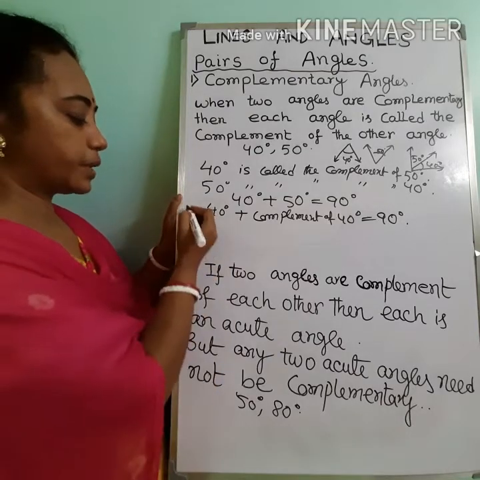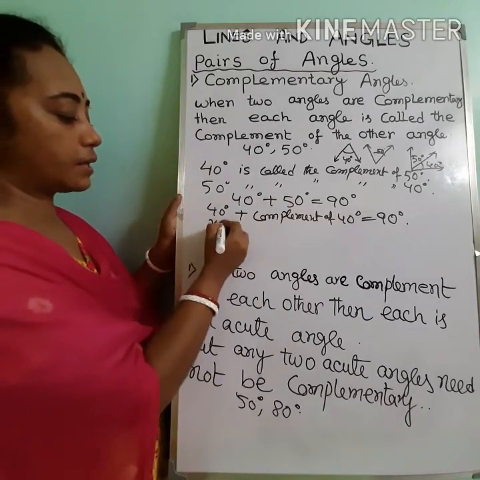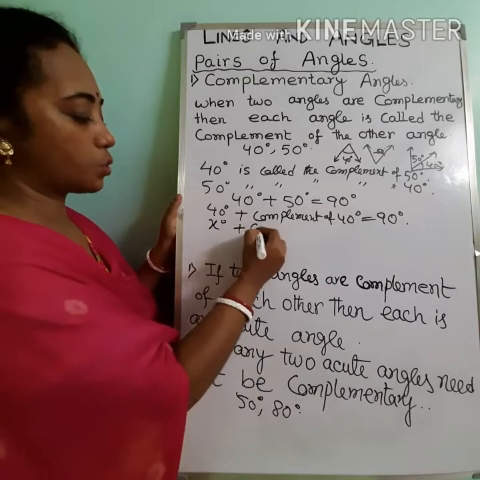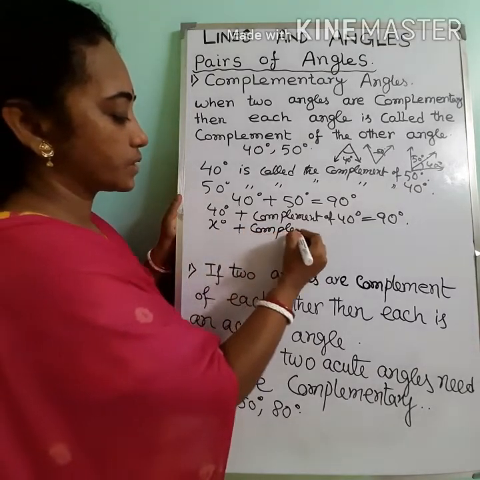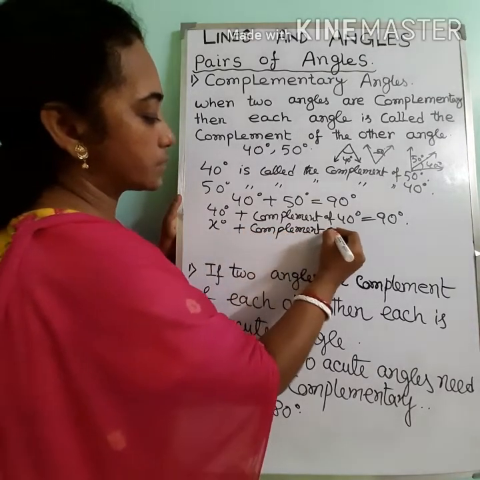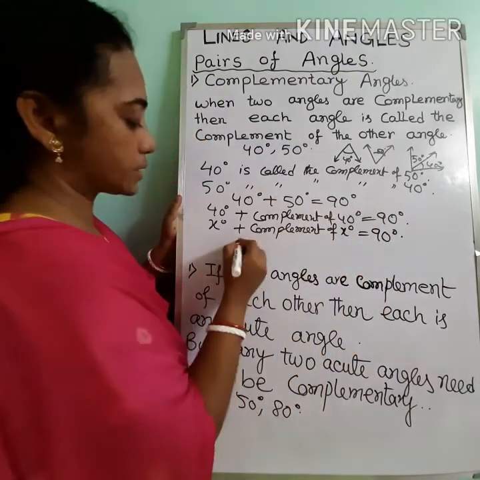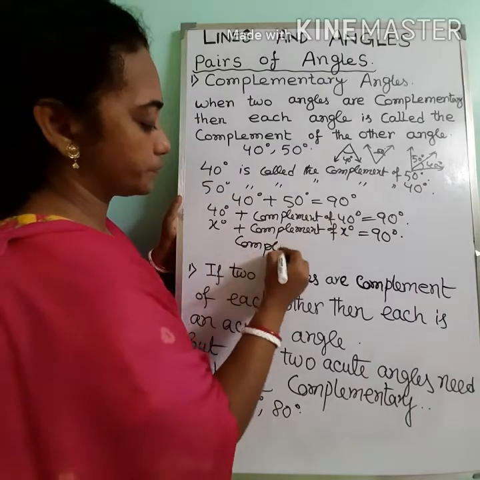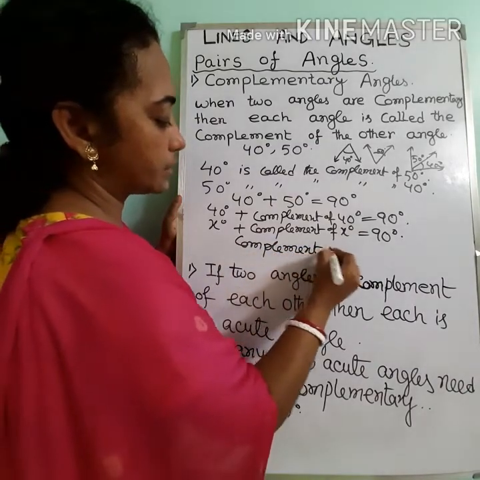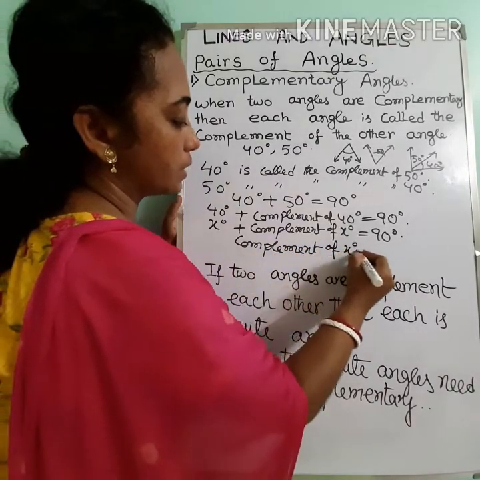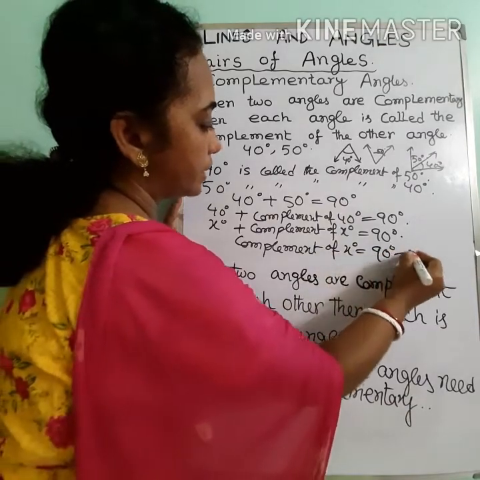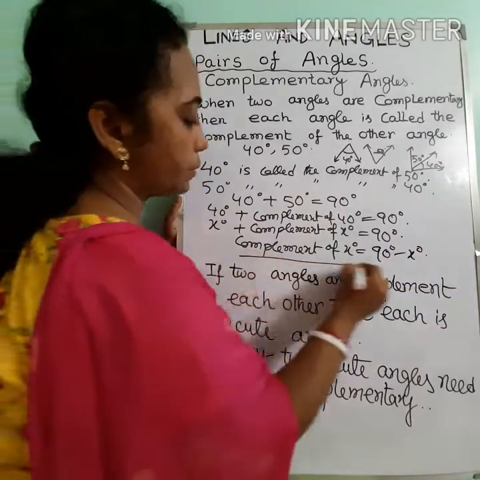So in place of 40 degree, let x be any angle, then x degree plus the complement of x degree is equal to 90 degree. So which shows that the complement of x degree is equal to 90 degree minus x degree. This is a very important formula.